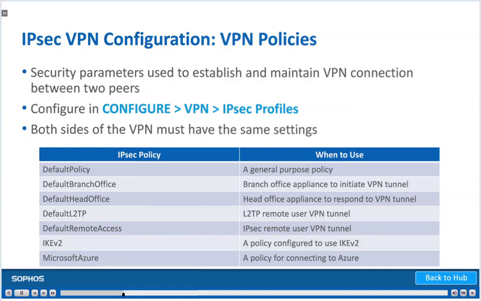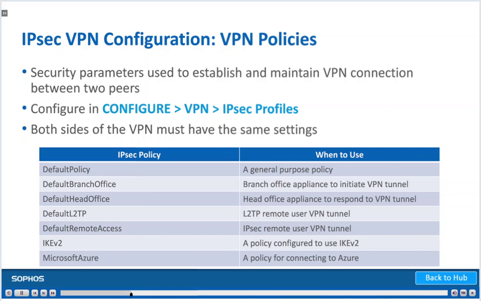Before you can configure an IPsec connection, you need to create an IPsec policy that defines the encryption and authentication algorithms and other settings that will be used. Sophos XG Firewall includes a number of pre-configured IPsec policies that can be used out of the box to simplify this. IPsec VPN policies can be configured in Configure VPN IPsec Policies.